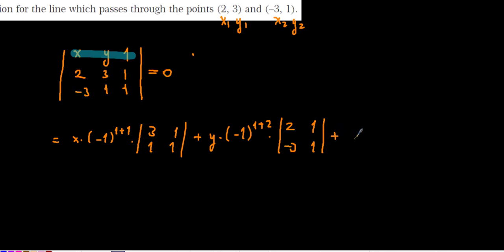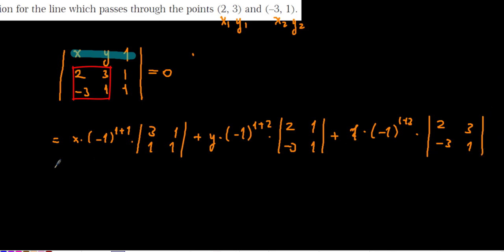Then the last one is coming here, minus 1 times minus 1 to the power of 1 plus 3, then the minor is 2, 3, minus 3, and 1.